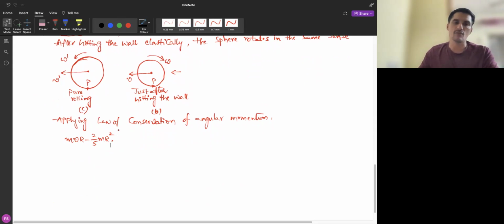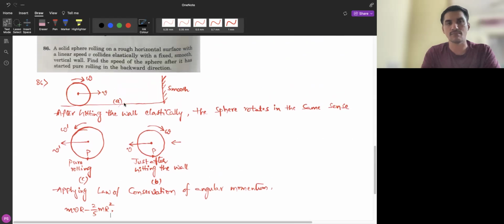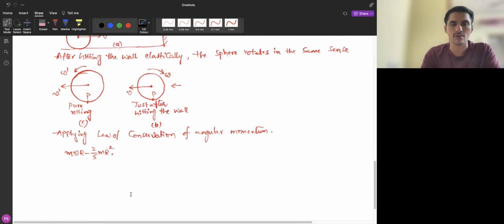Here already before that, it was in pure rolling only. Yes. Clearly, it is mentioned a solid sphere rolling on a rough horizontal surface. Once observe the question. Rolling means pure rolling only. So therefore, omega value also I can apply as V by R, no problem at all.